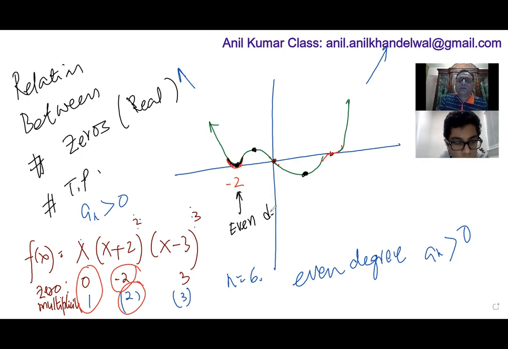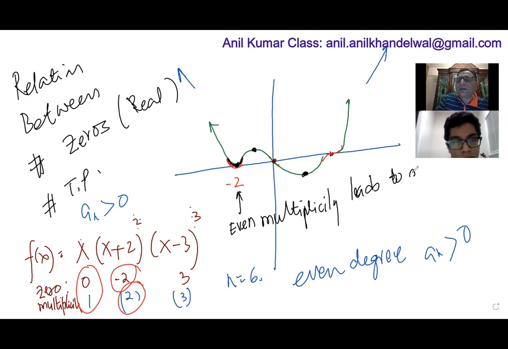So even degree, I should say even order, because the word degree is confusing. We normally associate degree with the degree of the polynomial. So even multiplicity leads to an additional turning point. That is why we have one extra. You get the idea?